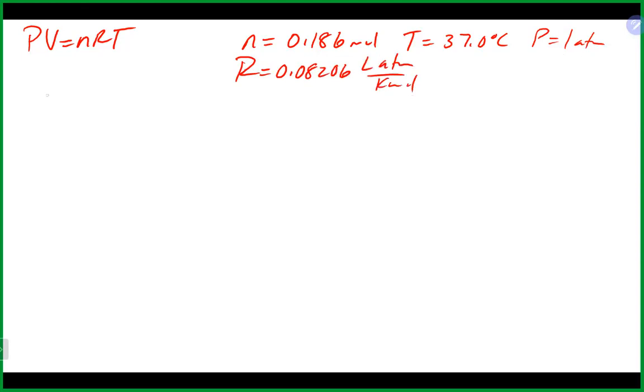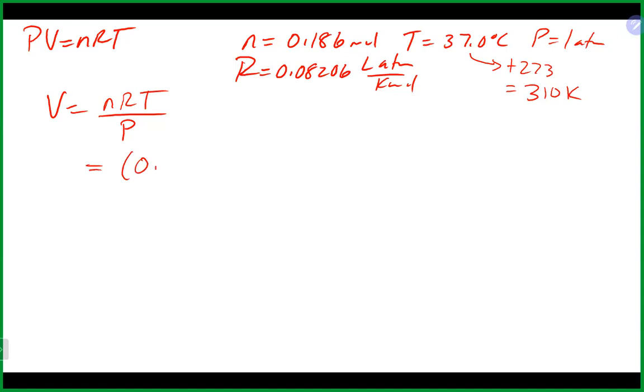So now we can rearrange our ideal gas law and solve for volume. We do have to do a couple of conversions, actually just one. We just need to add 273 here to our 37 to convert it into the proper units. It's going to be 310 Kelvin. Now we're good to go.